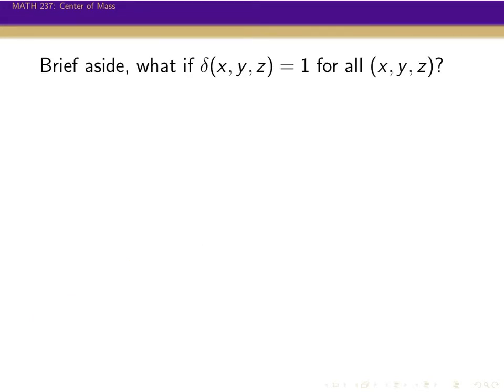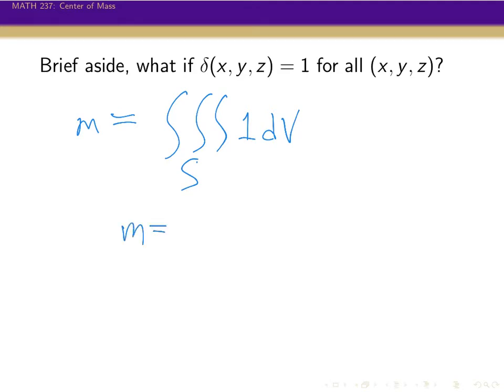Okay. As a little aside, what if our density was 1 everywhere? So our mass would be the triple integral of 1 times dV, so we'd just be integrating dV. On the other hand, this is now something of constant density, and so we know that mass over volume is going to equal 1.